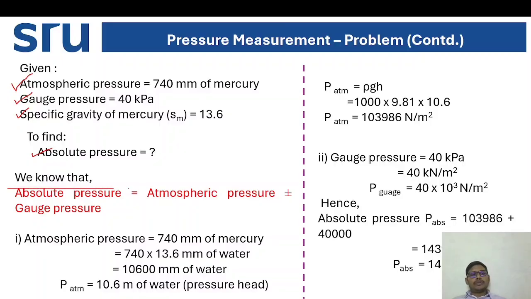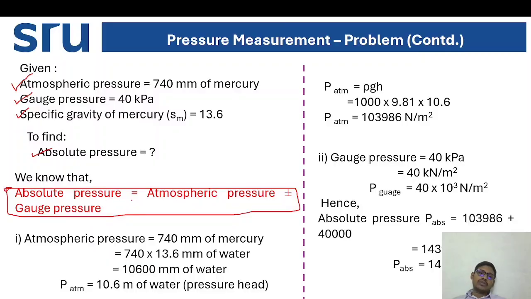We know the basic definition we have just seen: absolute pressure equals atmospheric pressure plus or minus gauge pressure. So we will see two scenarios. First we will find atmospheric pressure, next we will go with gauge pressure.